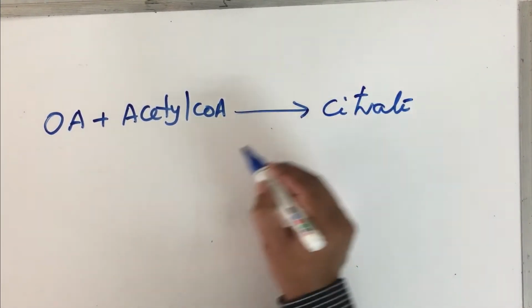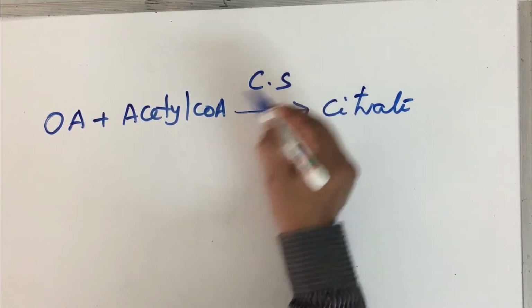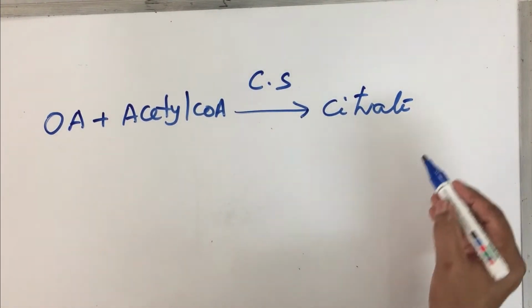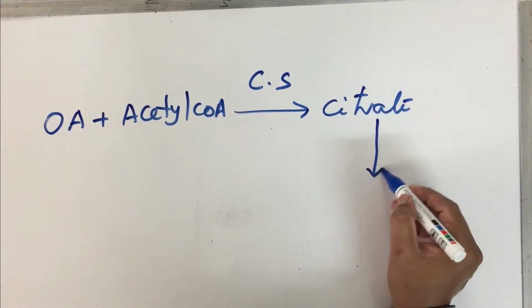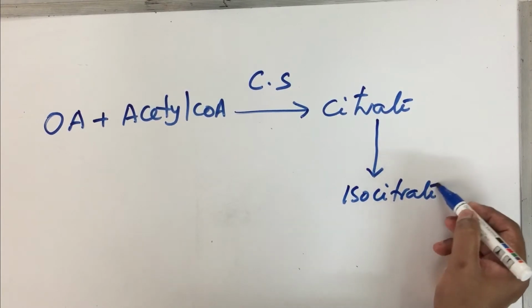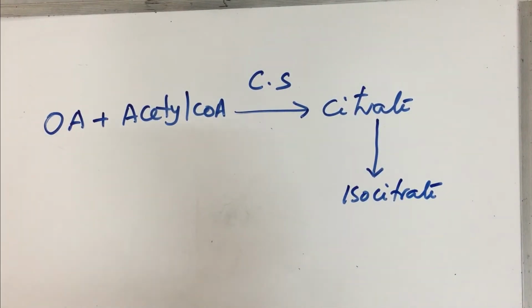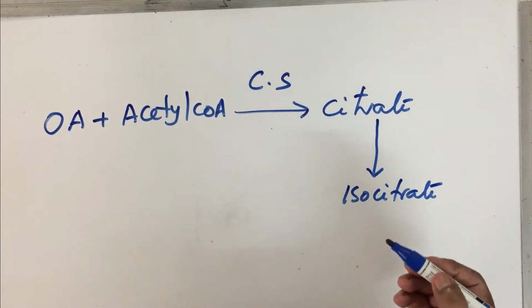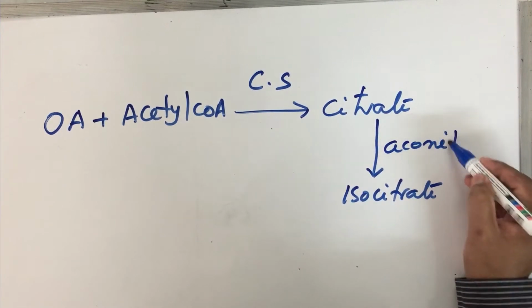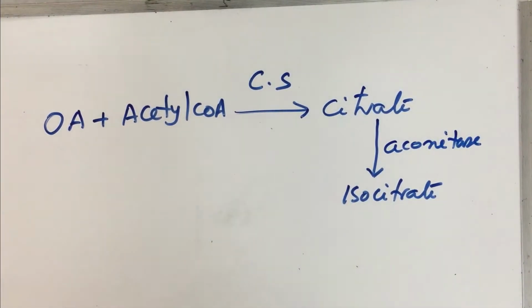The enzyme is citrate synthase. Now, once this is formed, citrate is converted to isocitrate, similar to the TCA cycle. The enzyme is aconitase. We can refer to the TCA cycle.